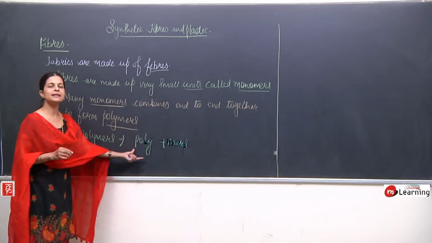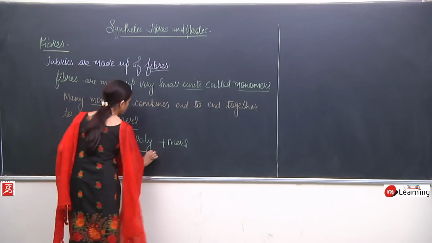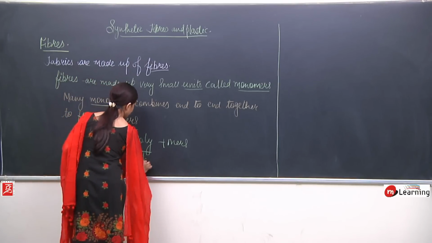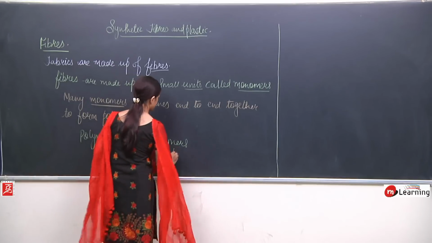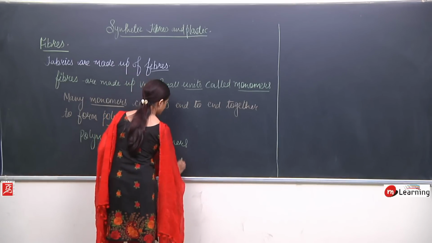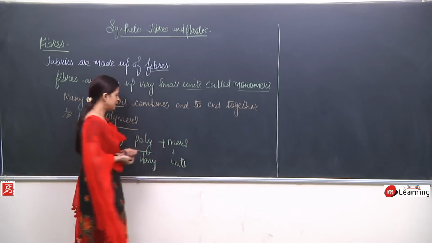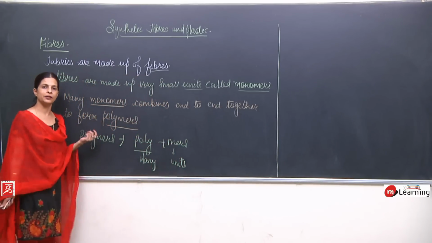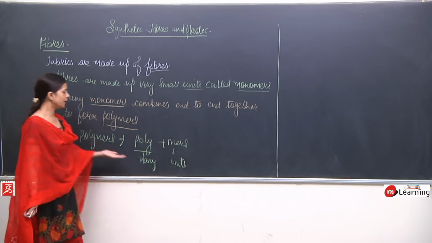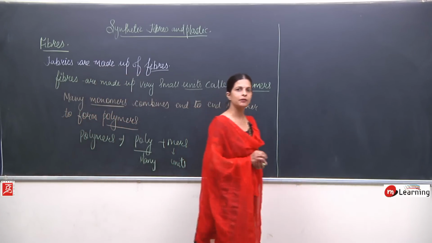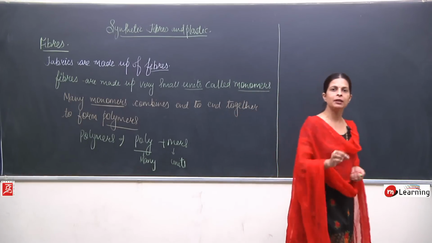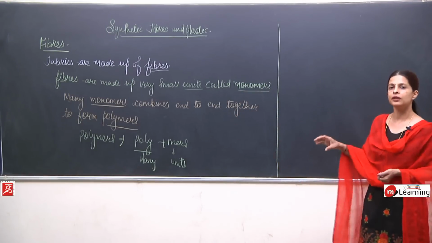Poly means many, and mers means units. That means polymers are the ones which are made by many small units.